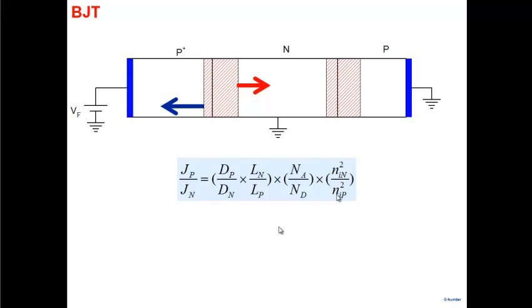And note that these things are exponentially dependent on band gap. Therefore, if you use a wide gap semiconductor here and a small band gap semiconductor here, this ratio you can get very large. And therefore, you can make this current component much larger than this current component. So NiN by NiP is EGP minus EGN by kT here.